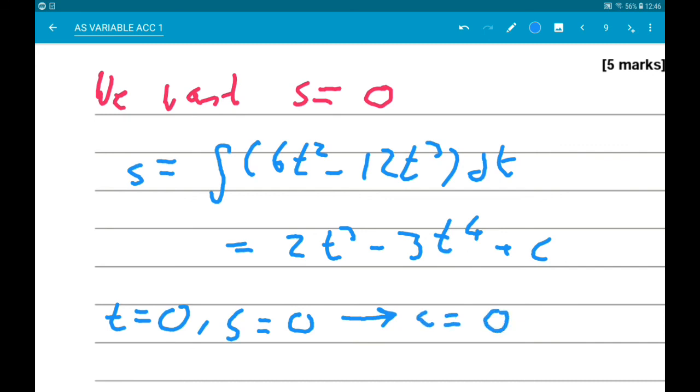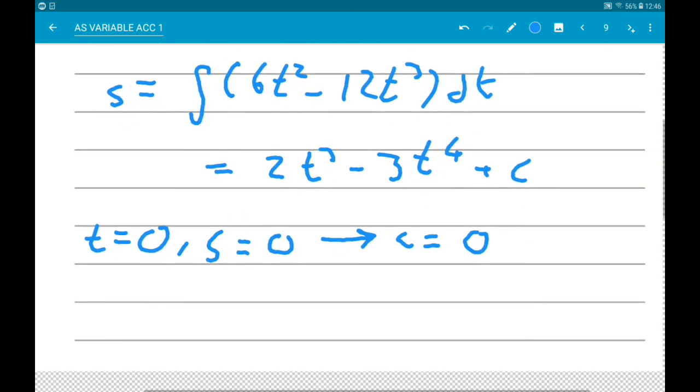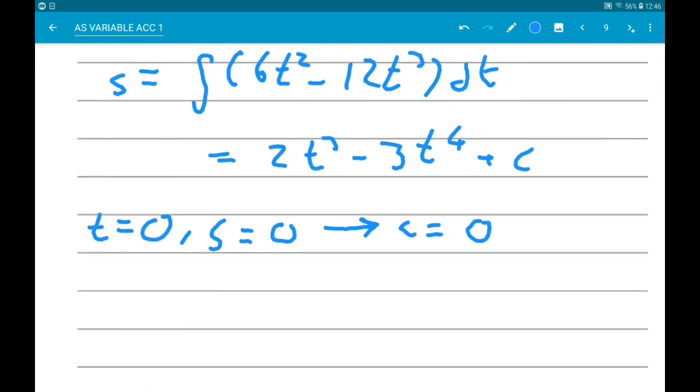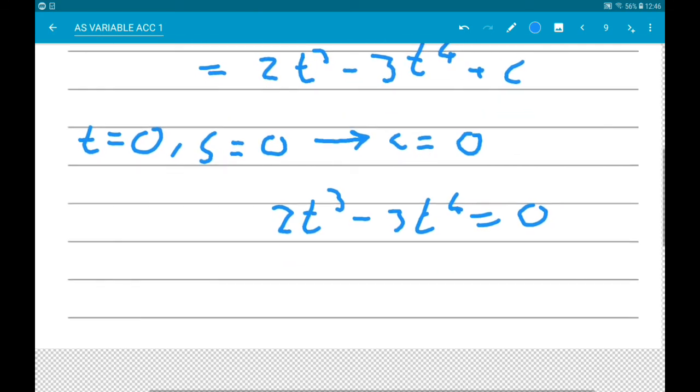Okay, now remember that we want S to equal 0. So now we set 2t cubed minus 3t to the 4 equal to 0 and solve this for t. So there's a common factor of t cubed.